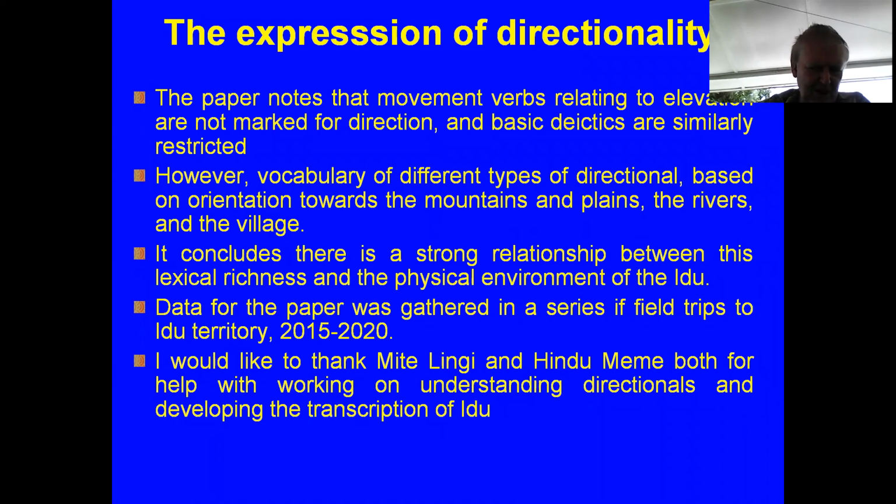But directionals are a vocabulary of a different type, and they're based on orientation towards the mountains and the plains, the rivers and the village, as well as a left-right-handedness distinction. And the paper concludes there's a strong relationship between the lexical richness of this and the physical environment of the Idu.